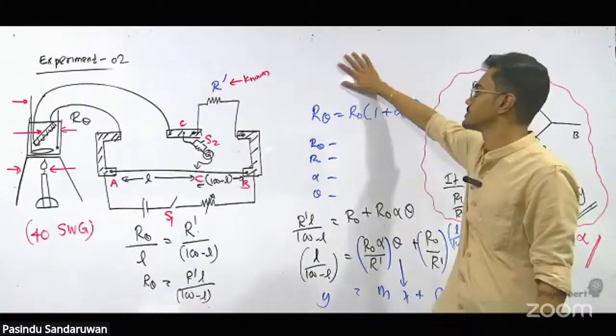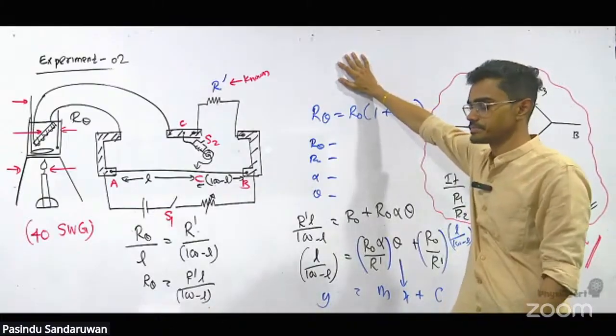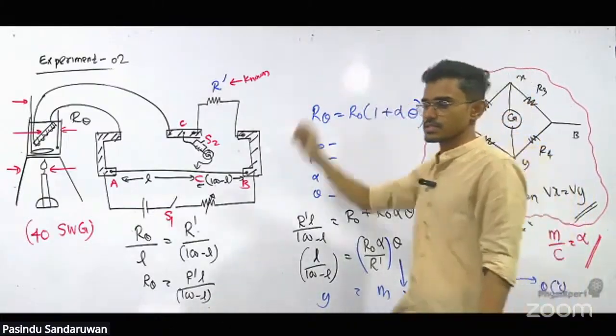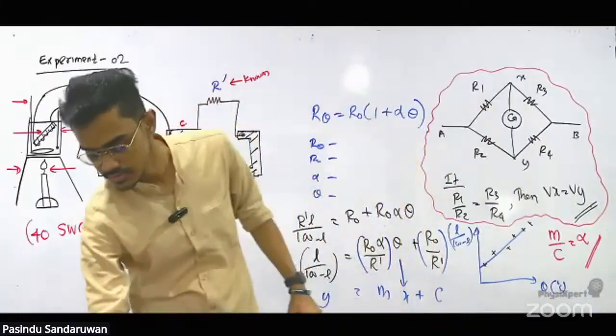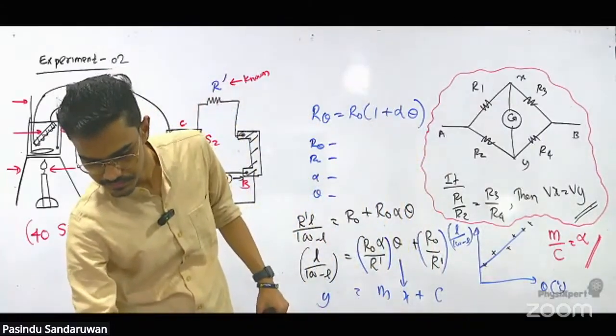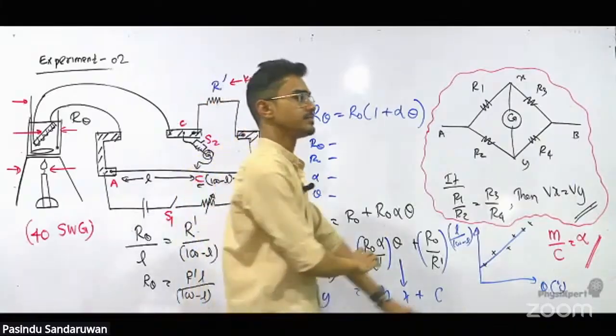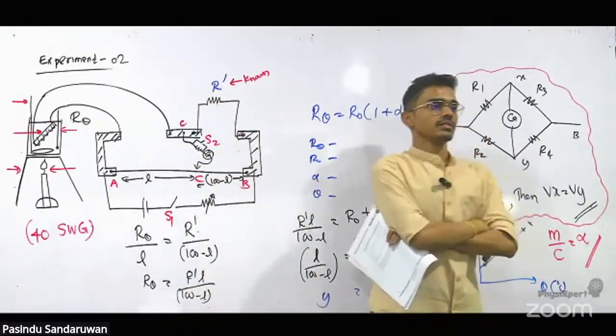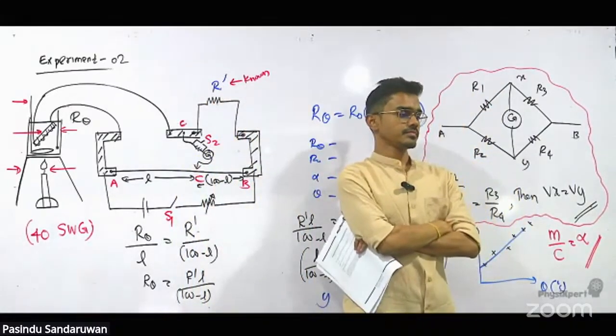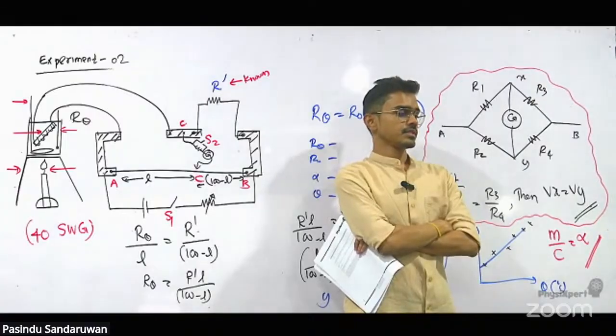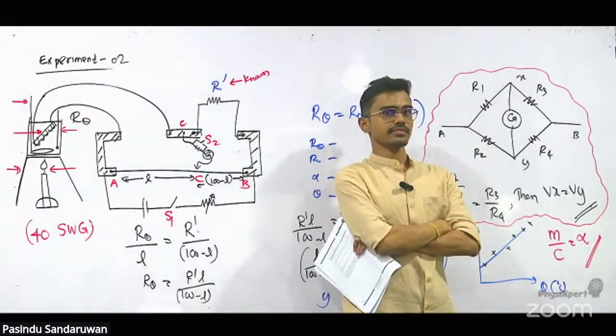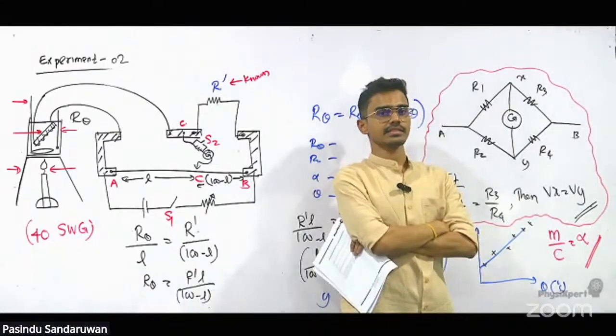Then theory. Okay, first write down the resistance of a conductor at 0 degrees Celsius.